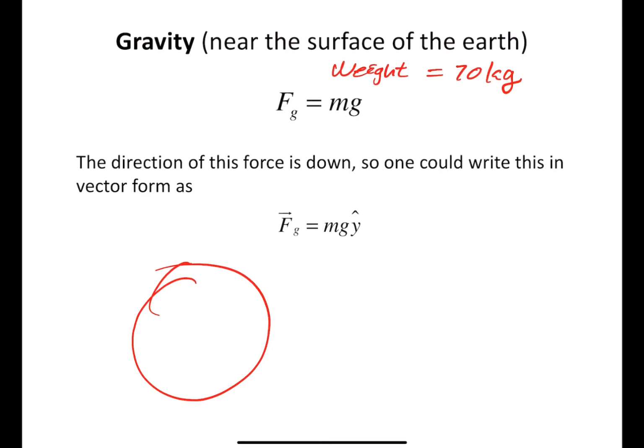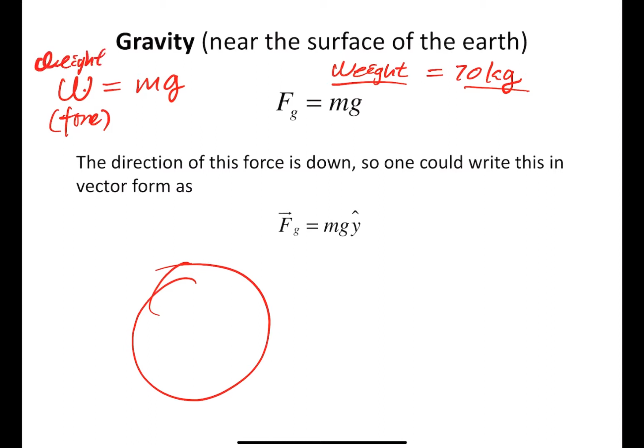So 70 kilo is my weight. Do you think this statement is something odd in science? Because we defined W as mg. So W is a force. It's just that we give a special name to this force. We call it W, and W is the weight.